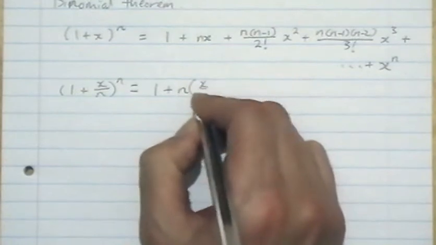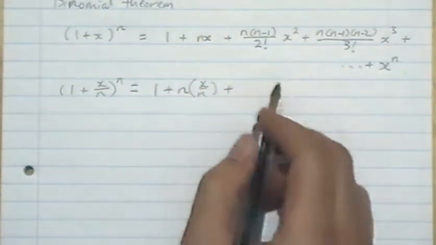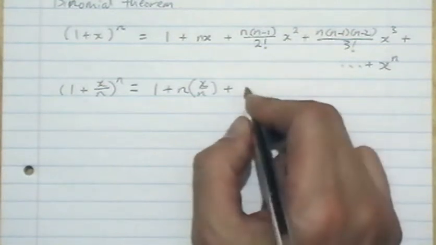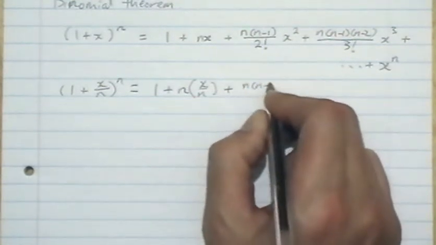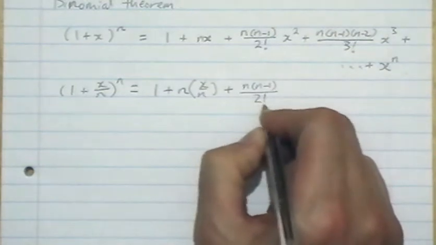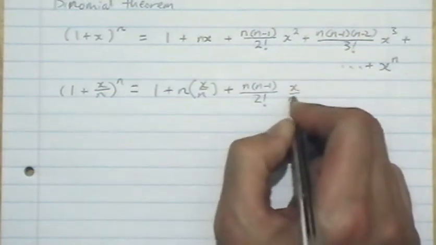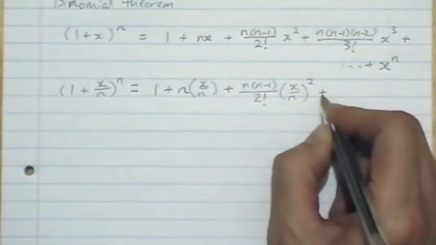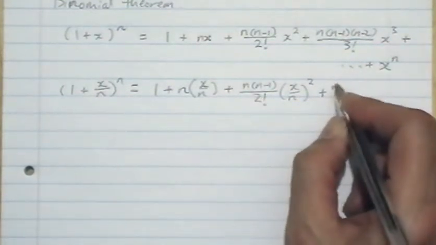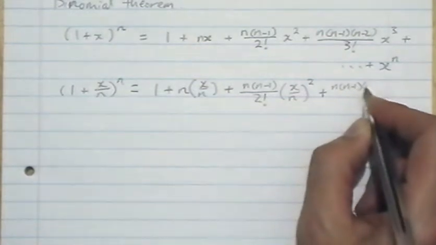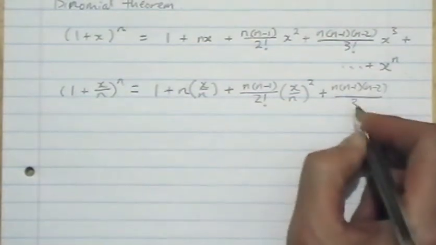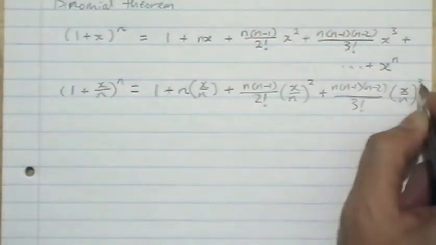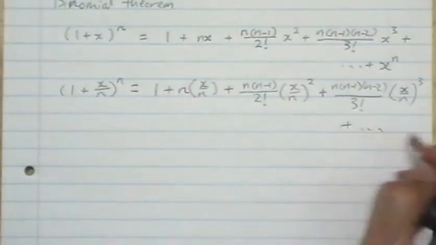So that's x over n. Likewise, I sub in the x over n here. Becomes x over n squared plus, that becomes x over n cubed plus dot dot dot.